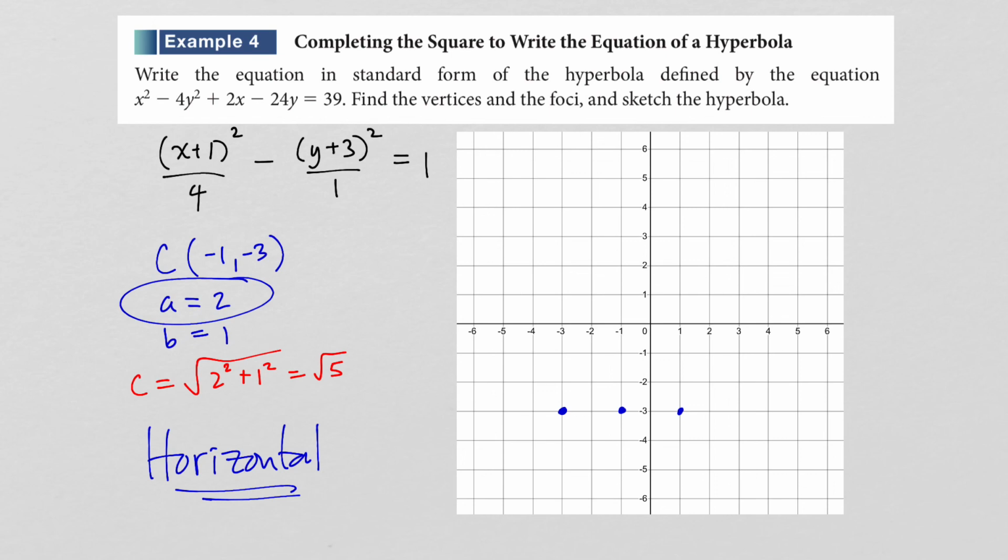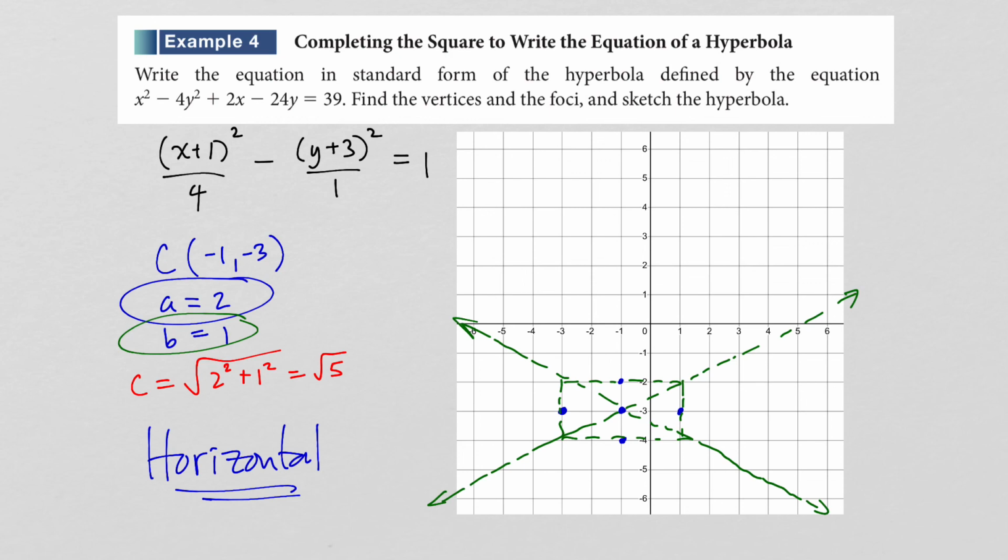And then from b equals 1, we know that from the center we go up 1 unit and down 1 unit. And then we can make our rectangle. And then once we have that rectangle, of course, we can draw the asymptotes, the diagonals. So just think of these as kind of like infinite diagonals.